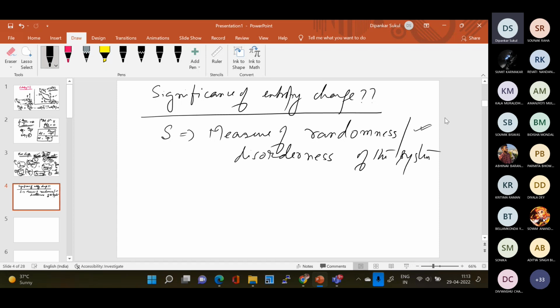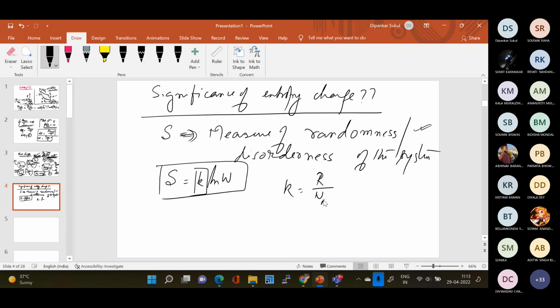And in thermodynamics, in your higher semester, when you go through statistical thermodynamics, you will get one famous expression: S is equal to K ln W, where K is the Boltzmann constant, that is R by Na.